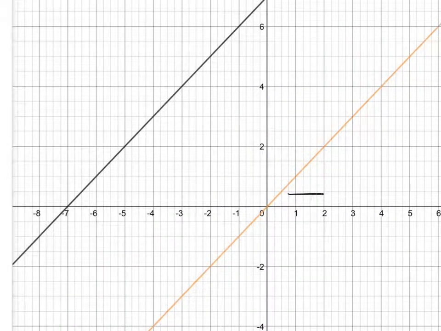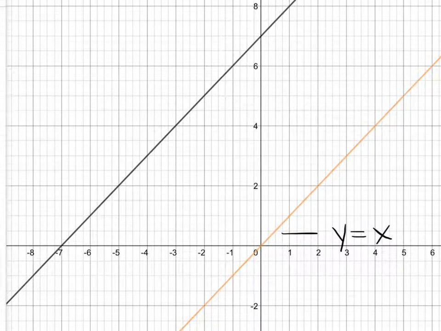Parent function, same thing again, y equals x. What is the equation of the new function? Y equals x plus 7, right.